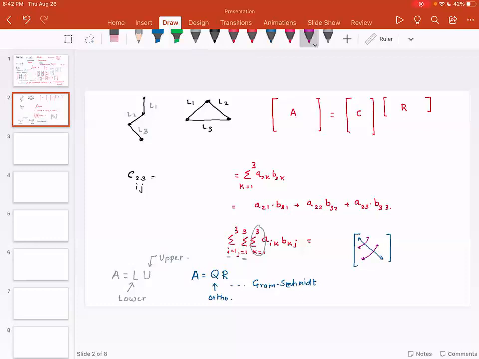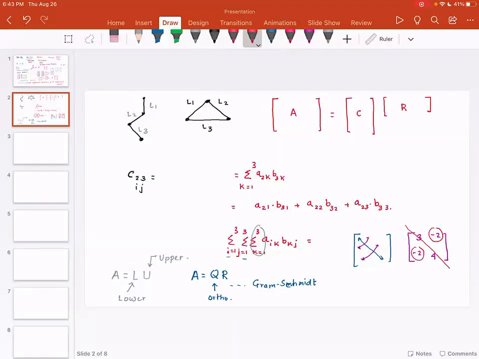Let me give you a very simple example: 3, 4, -2, -2. If you were to fold this matrix along the diagonal, as you can see, the off diagonal terms are exactly the same. So this is why it's called a symmetric matrix.